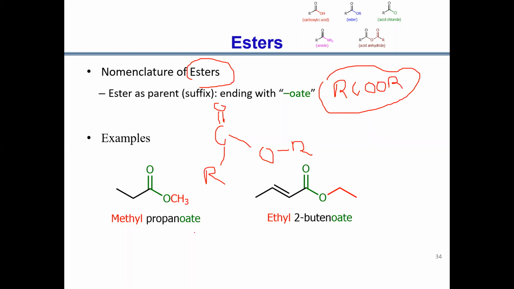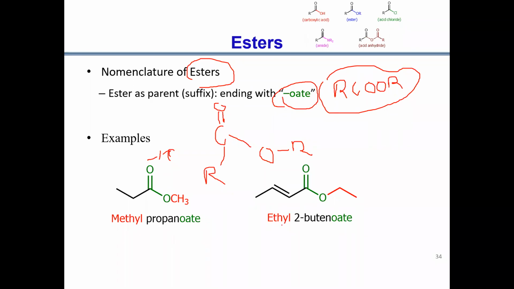Now if you have to name the ester, the IUPAC naming of the ester, their name is basically derived from the carboxylic acids. You will replace the word ic of the carboxylic acid with the word oate. That is why this will become methyl propanoate.